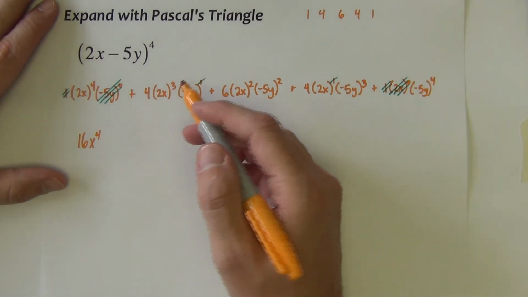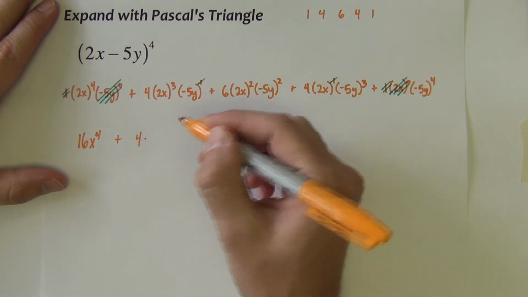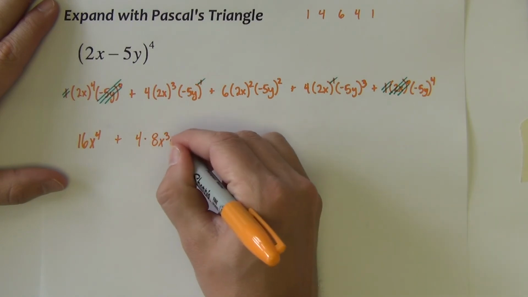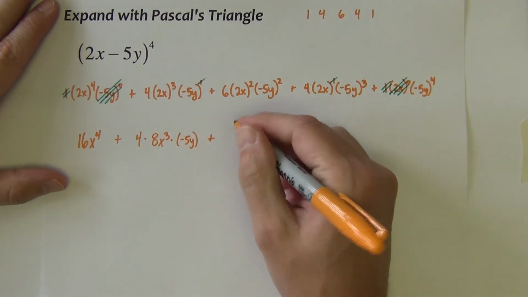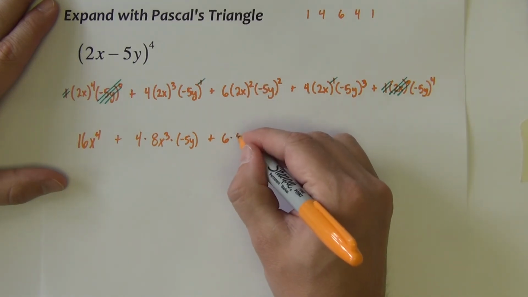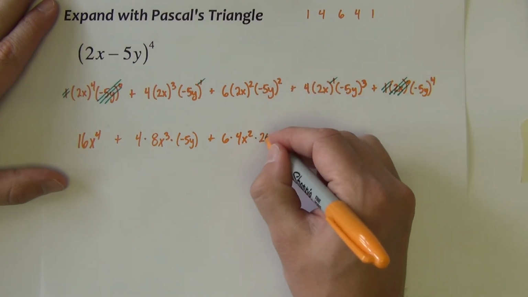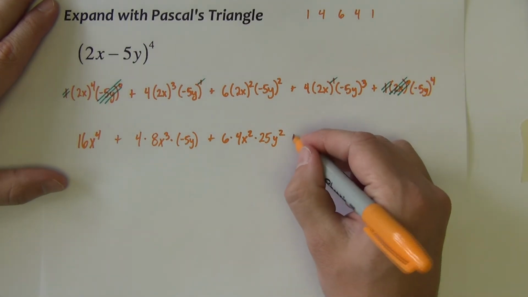Next term, let's go ahead and do this in 2 steps. We got 4 times 2x cubed is going to be 8x cubed times negative 5y. Next we have 6, the 2x squared is 4x squared. The negative 5y squared is 25y squared.